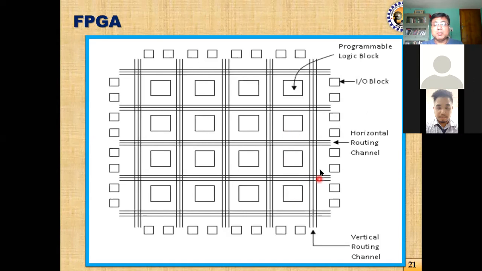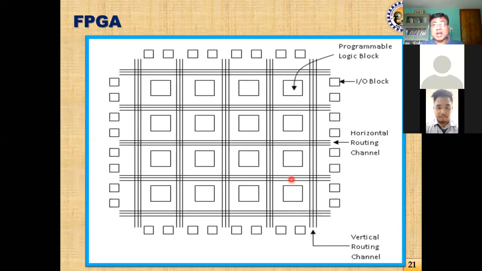All this is called routing. This routing can be done through programming, and in Quartus software or in Xilinx Vivado software, it is done automatically because there are certain algorithms designed by the researchers. So whenever we download such programs on FPGA, this routing is automatically done. We need not bother.